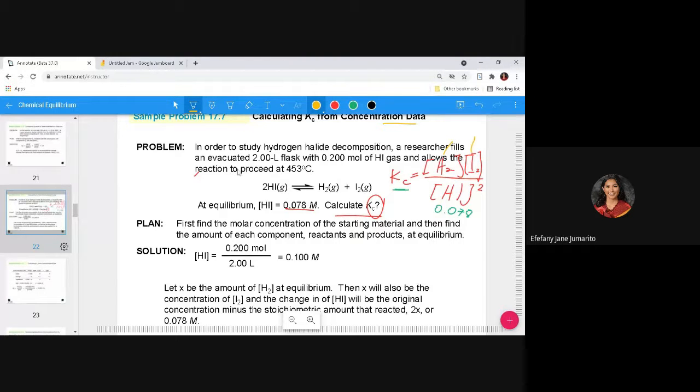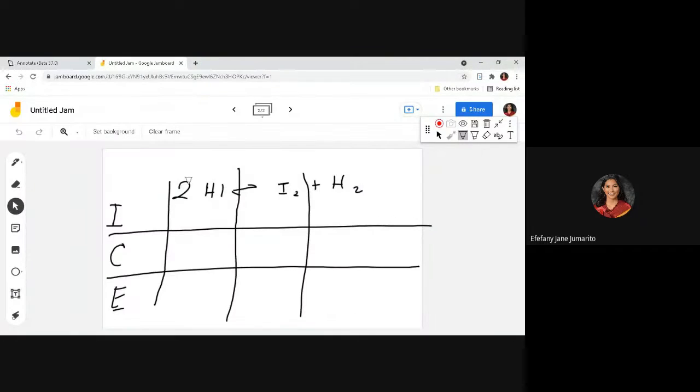For our initial, we have this one: a researcher fills an evacuated 2-liter flask with 0.200 moles of HI gas. In the ICE table, the initial, change, and equilibrium must all be in concentration.